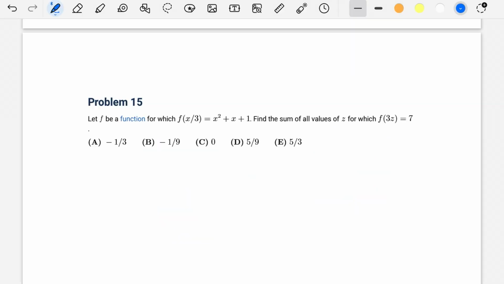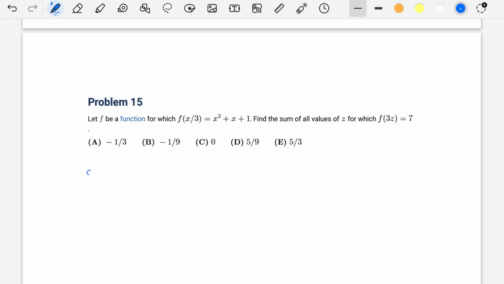15. Let f be a function for which f of x divided by 3 equals x squared plus x plus 1. Find the sum of all values of z for which f of 3z equals 7. This one's pretty straightforward.